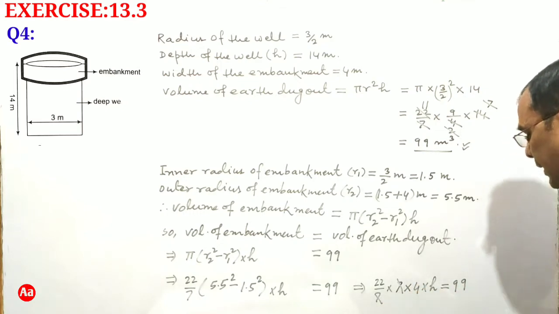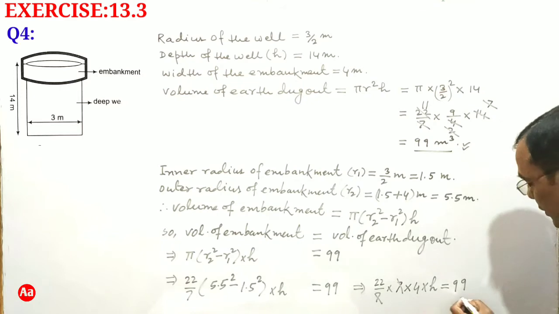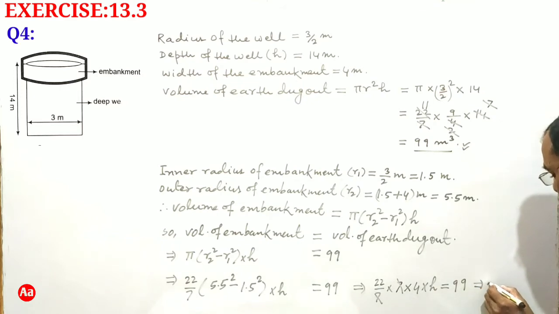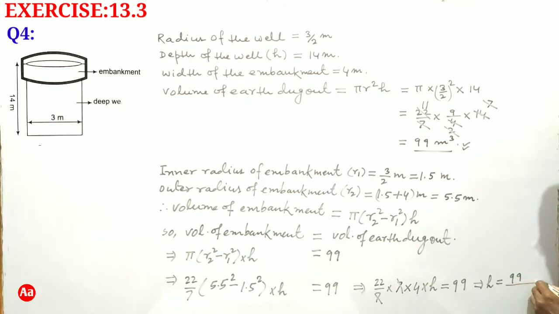This 7 cancels and this further implies H equal to 99 divided by 22 into 4. If we simplify this, 11 twos are 22, 11 nines are 99.